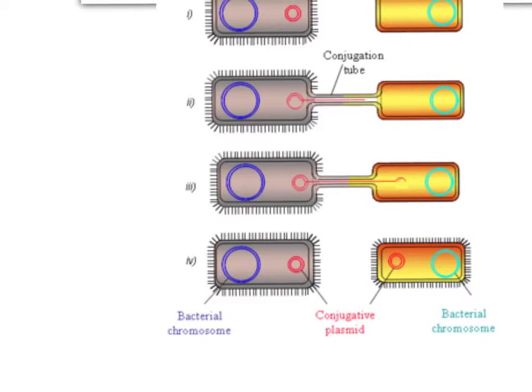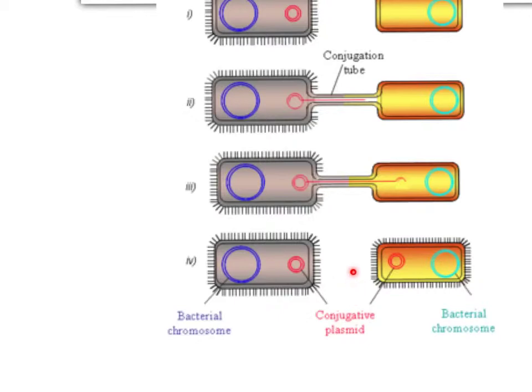So suddenly this cell here is also resistant to our antibiotic. This cell reproduces and produces lots and lots of other cells, all of which are resistant to our antibiotic, and we very, very quickly get a new strain of bacteria which is antibiotic resistant.